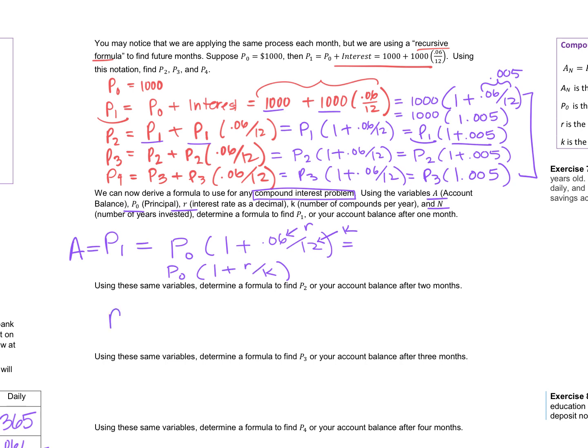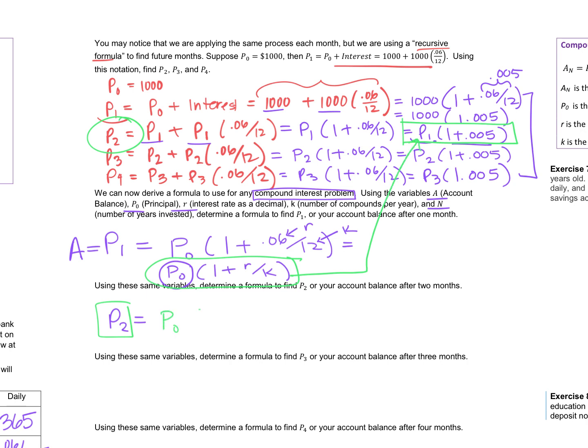And so when we look at P2, we know that P naught is already given to us, but P2 is P1 times that 1.005, right? That 1 plus R over K. So we have the P naught being replaced, or not really replaced, but this whole thing going in the place of that P1.